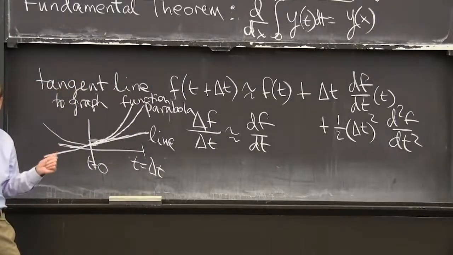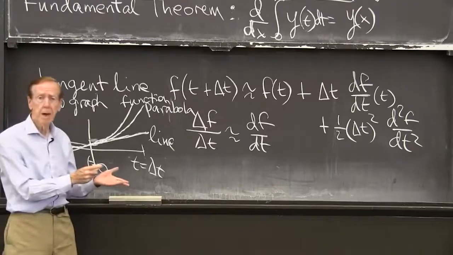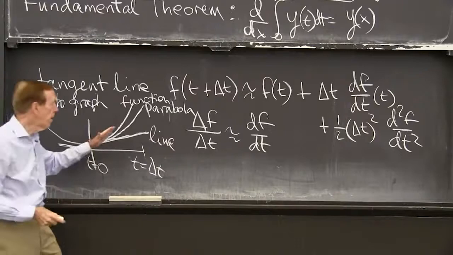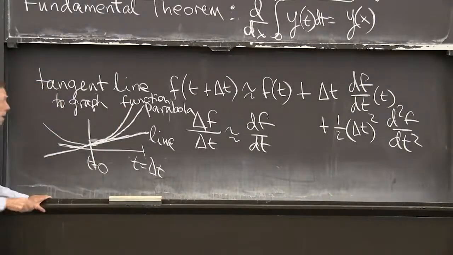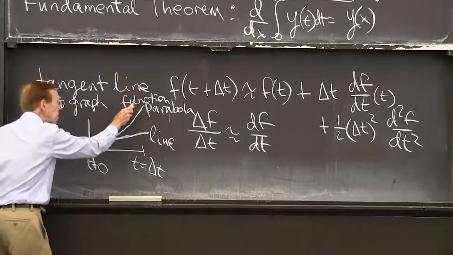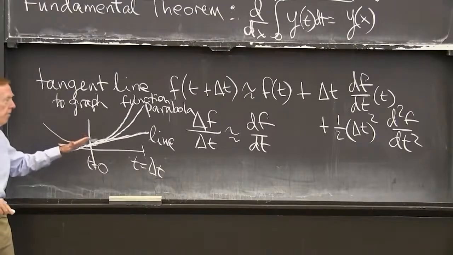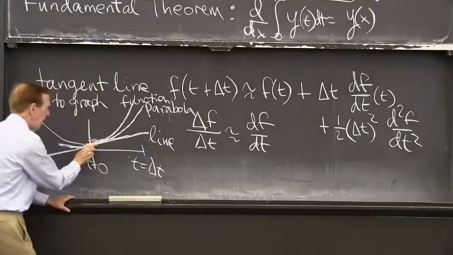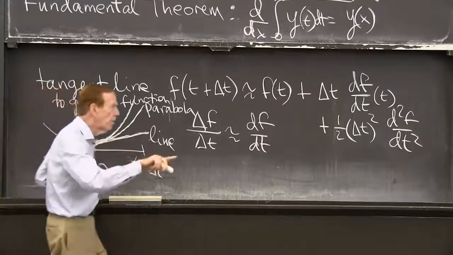Now, finally, what if we want to do even better? Well, we need to take account of the third derivative, and then the fourth derivative, and so on. And if we get all those derivatives, all of them, that means we will be at the function, because that's a nice function, e to the t. We can recreate that function from knowing its height, its slope, its bending, and all the rest of the terms.